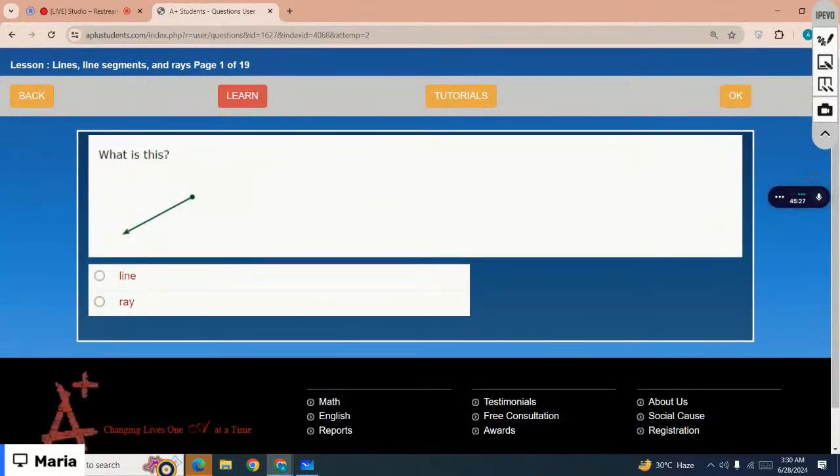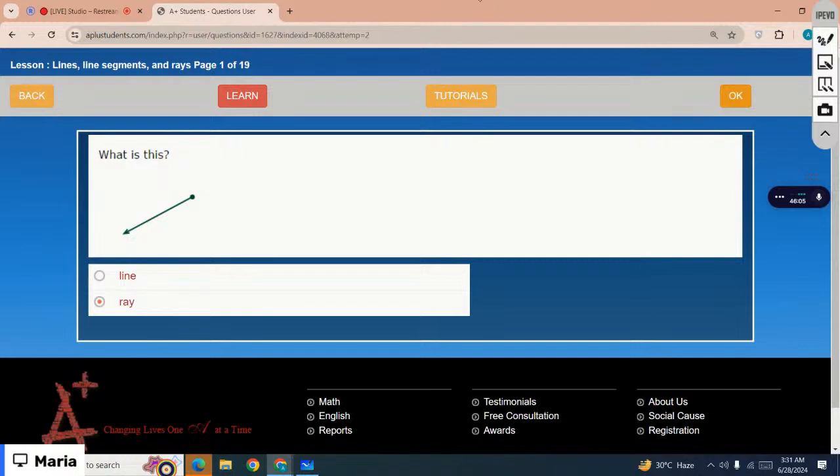What is this, line or ray? Which is the correct option? That is a ray.